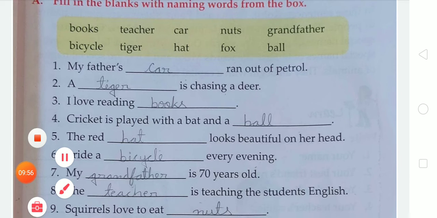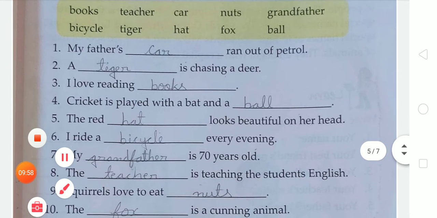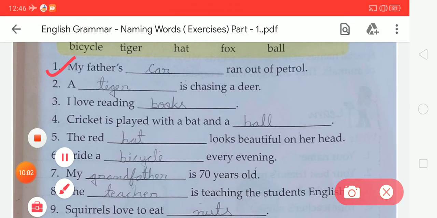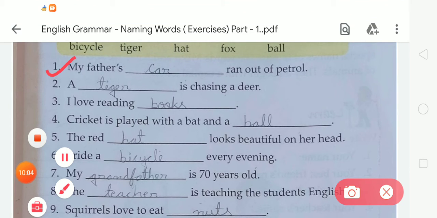Let's recheck the exercise. In number 1, my father's car ran out of petrol. In number 2, a tiger is chasing a deer. In number 3, I love reading books. Number 4, cricket is played with a bat and a ball.